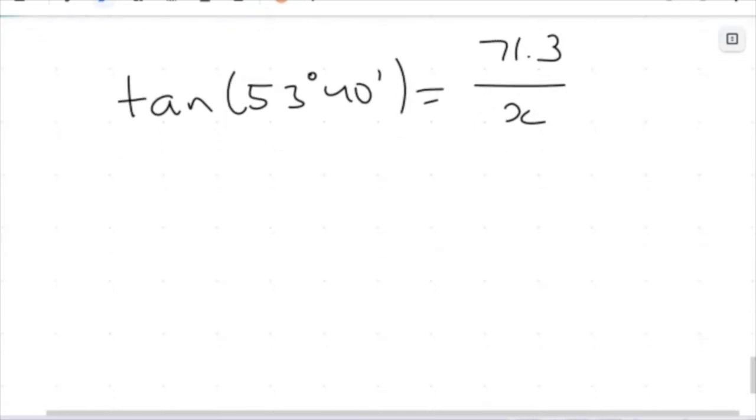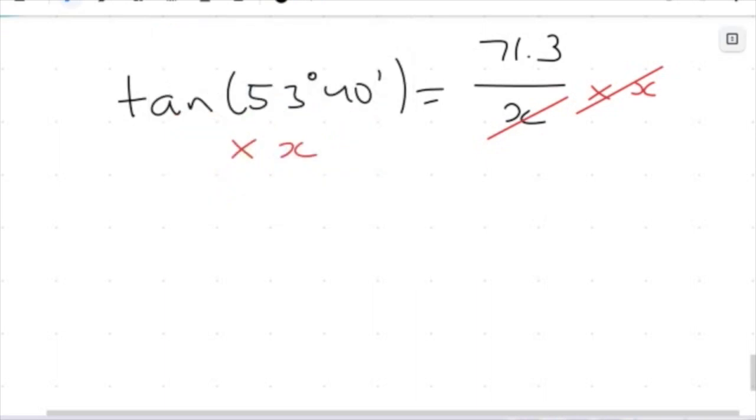But now we essentially just want to make x the subject of the equation. We want to get it on its own. Now it's not really helpful to us on the denominator here, so let's bring it over to the other side. So we're going to multiply both sides by x. That gets rid of our denominator here.